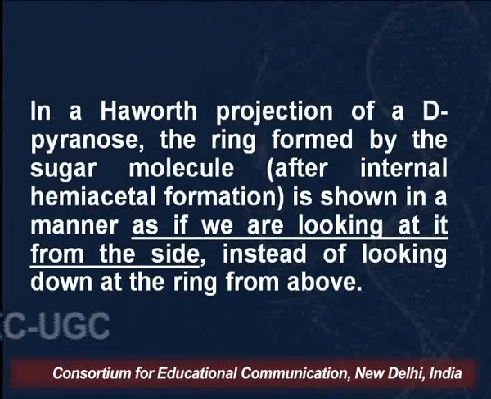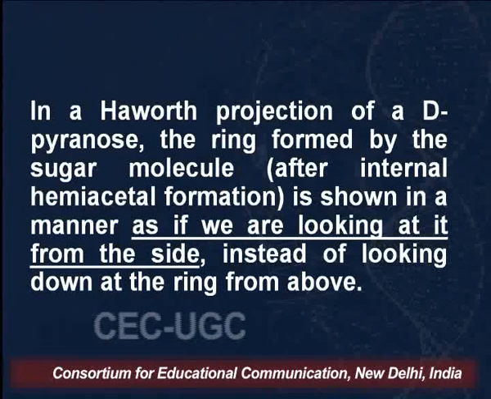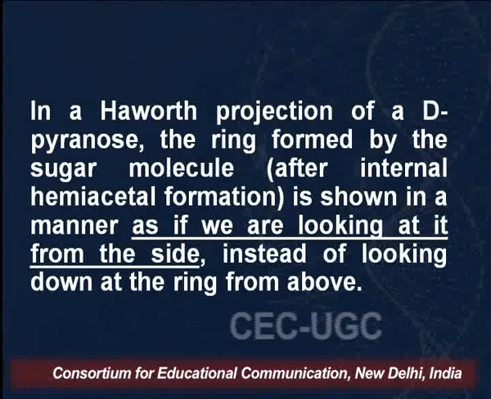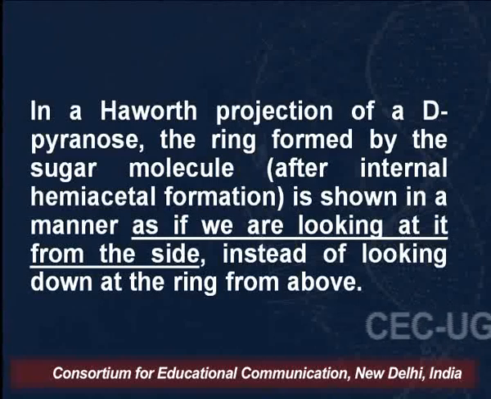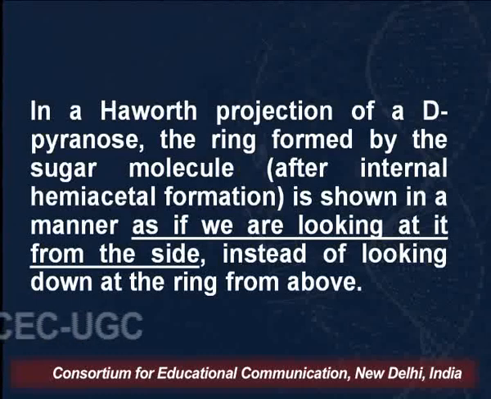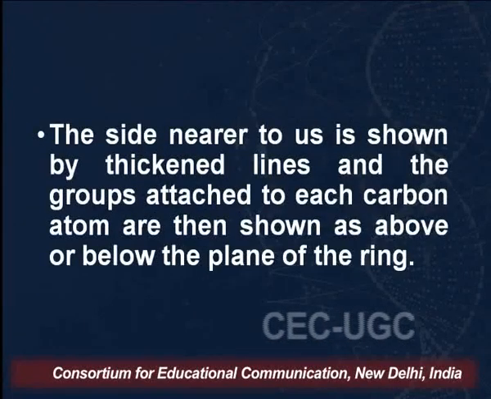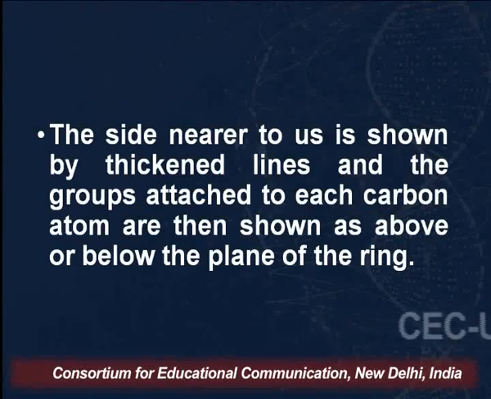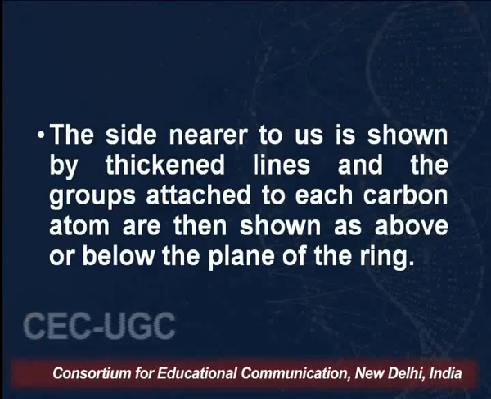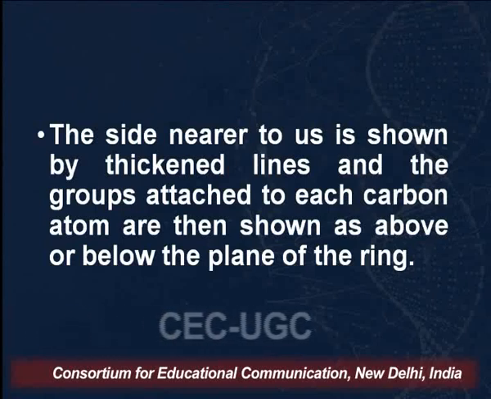That is, we are not looking at it from the front, that is, down at the ring from above. So it seems like we are looking at the ring from the side, and we call it a pyranose ring because the basic structure in the ring is that of pyran, which is an oxygen-containing heterocyclic compound.